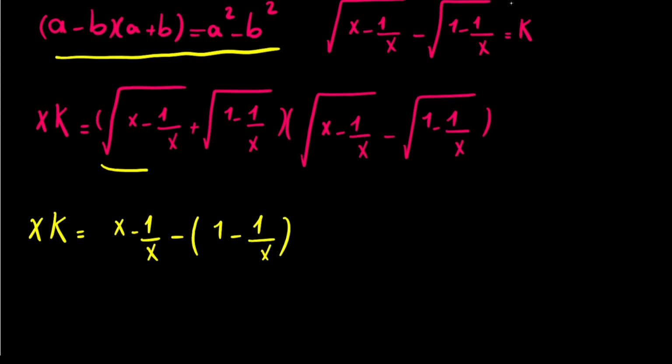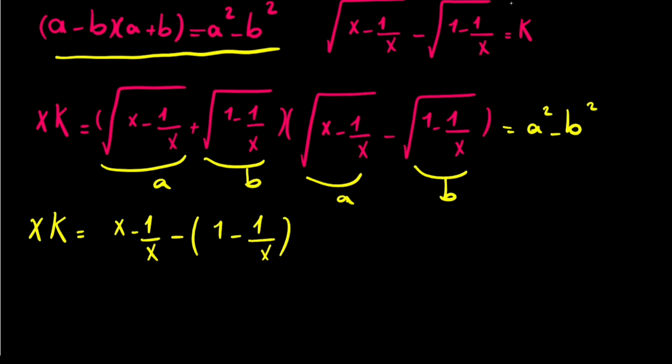Because I called the first one a and this one b. So that's equal to a squared minus b squared. And a squared is equal to (x minus 1)/x, and b squared is equal to 1 minus 1/x. So the answer will be equal to x minus 1.